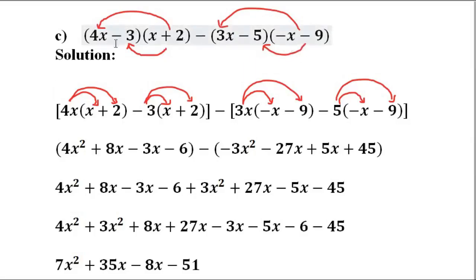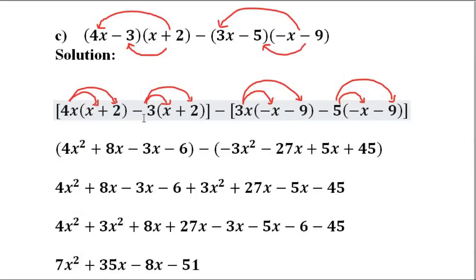We have positive 4x times positive x positive 2, negative 3 times positive x positive 2, positive 3x times negative x negative 9, and negative 5 times negative x negative 9. For further simplification, I'll distribute the positive 4x to the positive x and to the positive 2.